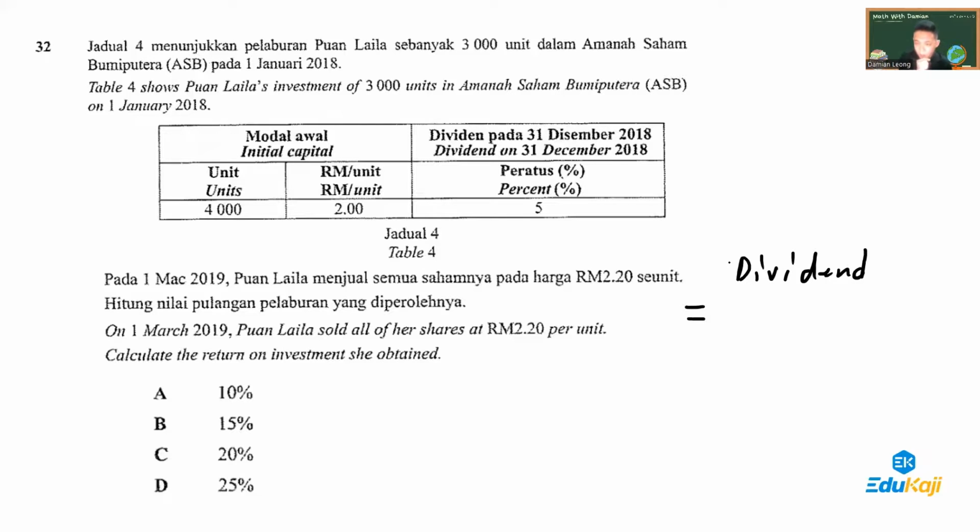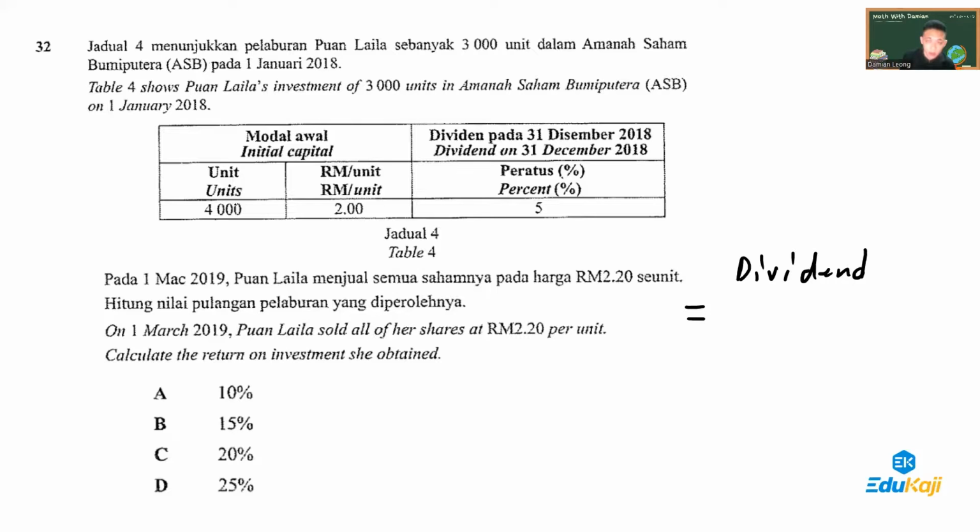Actually, wait, the table and the question says two different things because there's 4,000 units here and 3,000 units here, which doesn't make sense. Okay, so usually I would refer to the diagram instead of the question, but the question here is wrong.